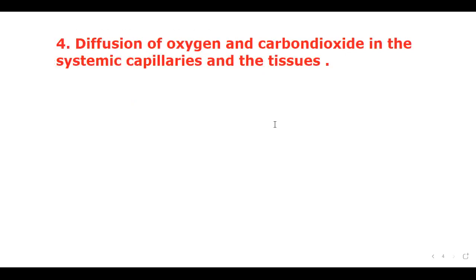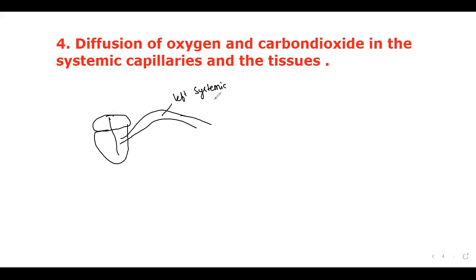Now here actually we already came up to systemic capillaries, so I will show you directly from the heart. Left ventricle, what did we say, opens into the left systemic aorta. This left systemic aorta supplies blood to body parts, we said already.